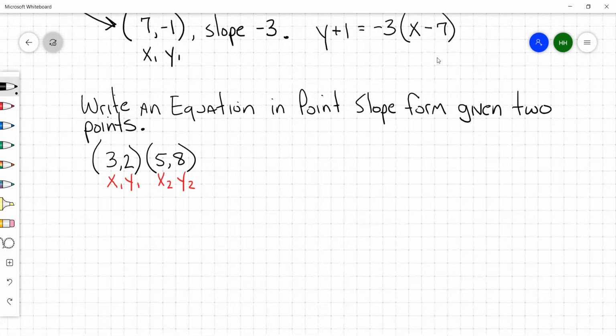And we need the slope of this line. So the m is going to be equal to, remember from yesterday, y sub 2 minus y sub 1, 8 minus 2, and then your x sub 2 minus your x sub 1, 5 minus 3.